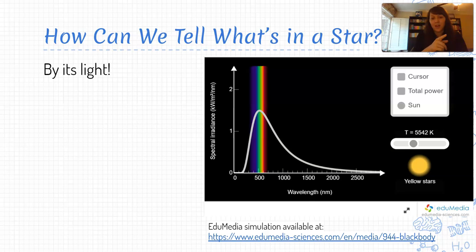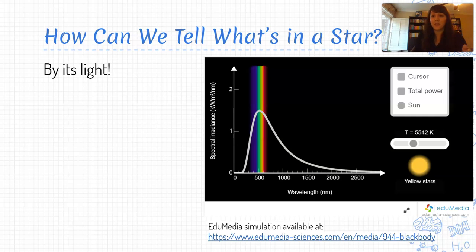And we talked about how the peak of this radiation curve is determined by the star's temperature. Cooler stars appear more red, hotter stars appear more blue, and there's yellow and white in between the two of them.